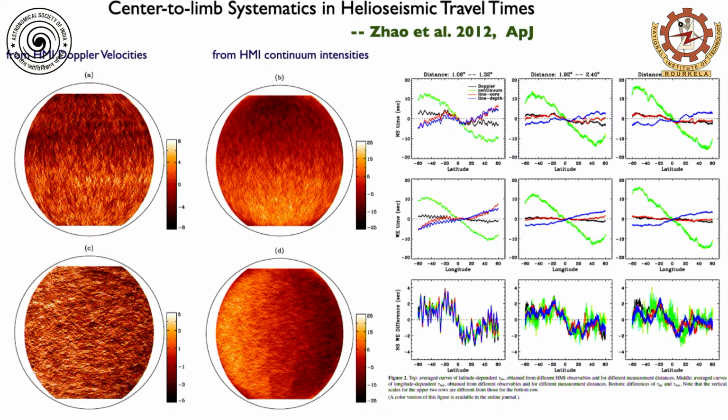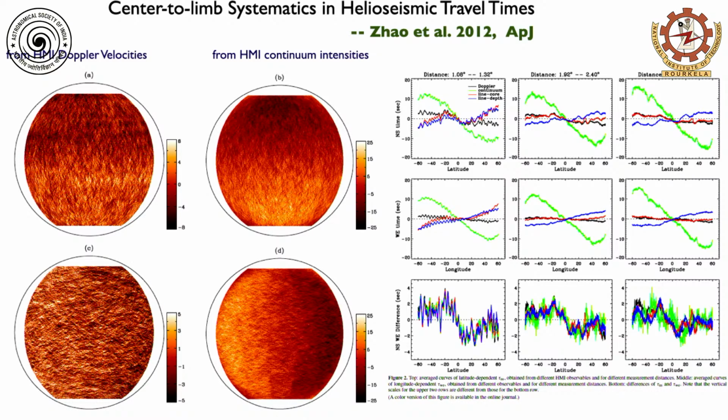Here, these are the travel times depicted as a function of the full surface of the sun. You see the dipole-like structure. This basically corresponds to the flow which is going from the equator to the poles.